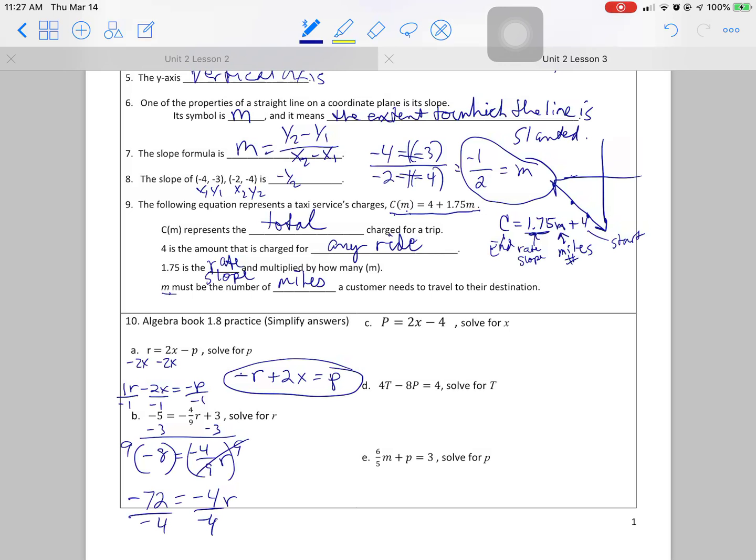It just leaves yourself open for more errors to make. So let's see, we have -72 divided by -4 actually goes in 18 times, so that's a positive answer. Okay, so look, I had 3 variables here, I only have 1 here. You got to be a little more flexible now. We got to change as we go.